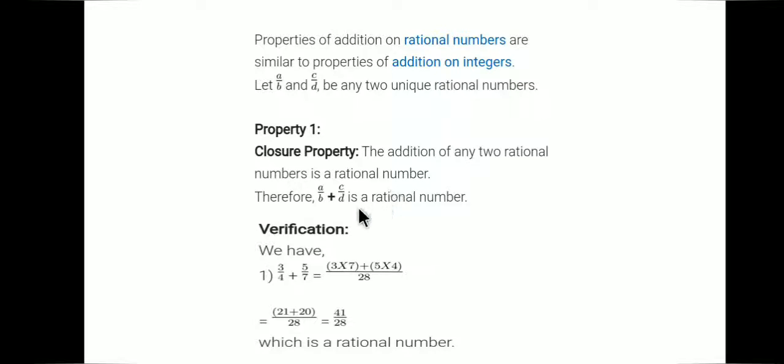If we add the two rational numbers a upon b plus c upon d, where a upon b and c upon d are different rational numbers, the sum obtained is also a rational number. Example, if we add 3 upon 4 plus 5 upon 7, we get the rational number 41 upon 28. The sum which we get by adding the two given rational numbers is also a rational number.